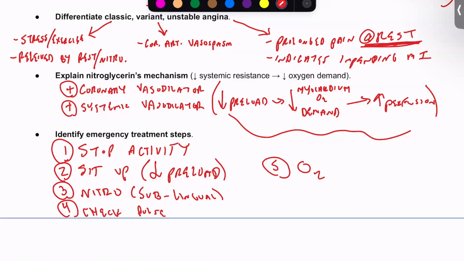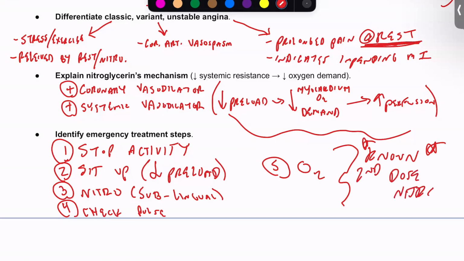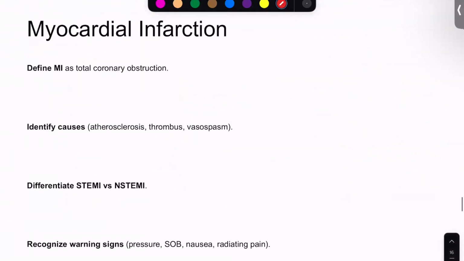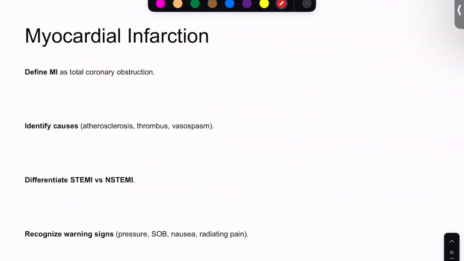And then just know that if somebody has known angina, like it's happened before, you can give them a second dose of nitro. But if there is no history of angina, you're going to want to call EMS immediately because they might be having an MI, so myocardial infarction.